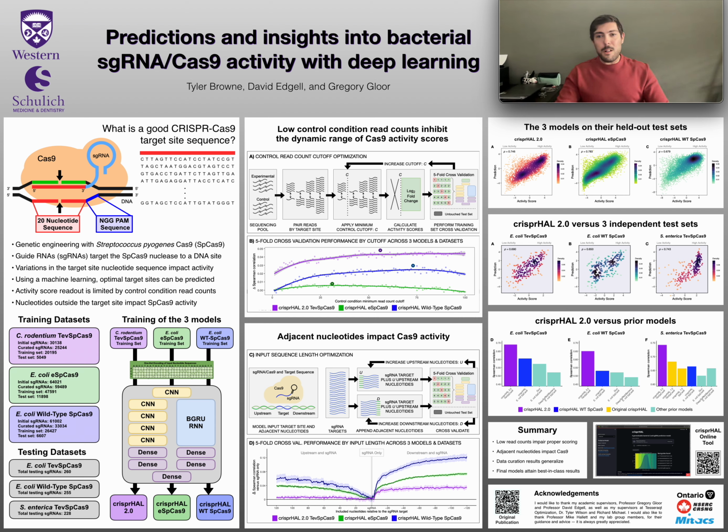So overall, what we've seen here is that low read counts impair proper scoring, and that impacts model performance. Adjacent nucleotides do impact Cas9 activity, and their inclusion will benefit subsequent models. And the data curation here does generalize. It's not specific just to the data set that you're curating. You're not focusing in on just one singular test set, but rather you are improving the data to result in an improved model overall.